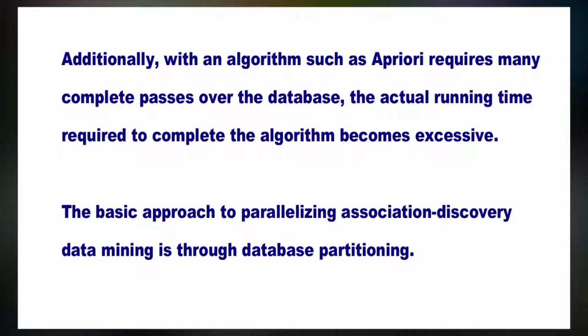Additionally, an algorithm such as Apriori requires many complete passes over the database, and the actual running time required to complete the algorithm becomes excessive, and we need to keep this in mind when we run such algorithms. The basic approach to parallelizing association discovery data mining is through database partitioning.